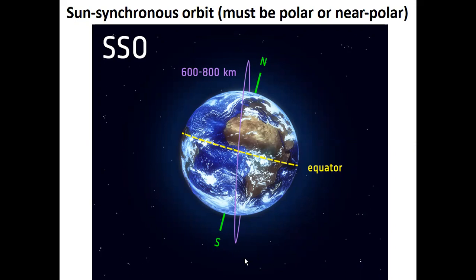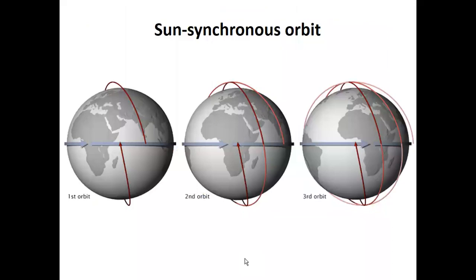So each time it crosses the equator, for example, at 10 a.m., because while the satellite is doing the circle around the Earth, the Earth also rotates under it, and the next crossing point of the equator is at approximately the same local time.